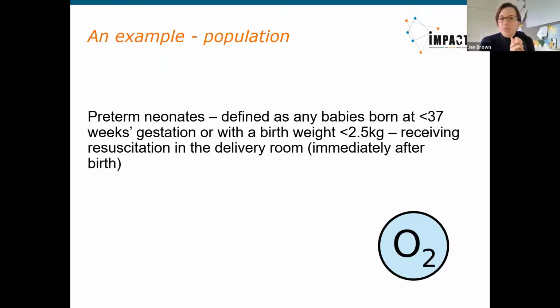These were pretty straightforward definitions because they're generally accepted in the field. And the after birth thing we defined as receiving resuscitation in the delivery room, so immediately after birth, not when they're on the unit, not when they're on the ward, but right there and then. That was our population of interest.